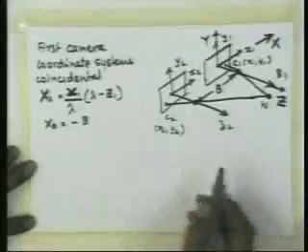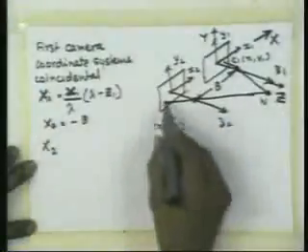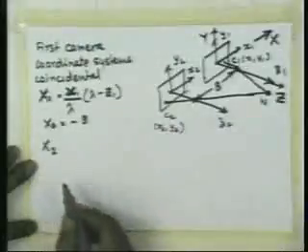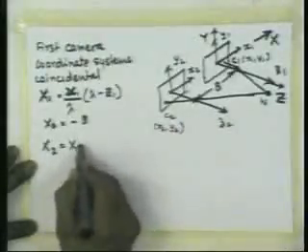If you refer to what we have done so far, y naught, z naught are all 0, r1, r2, r3 are 0. So we have a very simple case. What we can determine is that x2, which is the coordinate of this with respect to this coordinate frame, is nothing but x1 plus b.